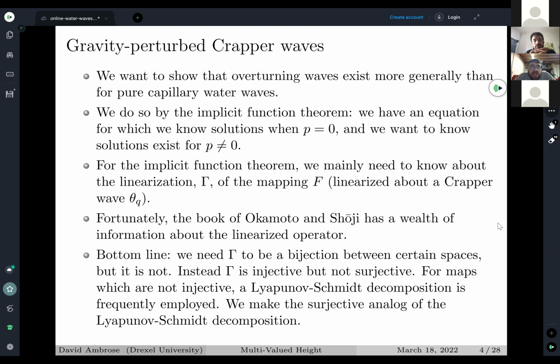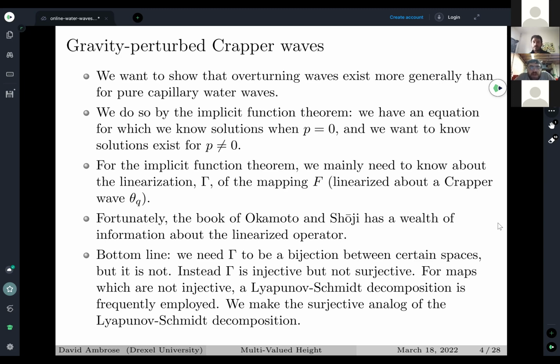So the linearization gamma, we need it to be a bijection between some function spaces. And Okamoto and Shoji include information about this, that when you linearize, the linearization is injective but not surjective.